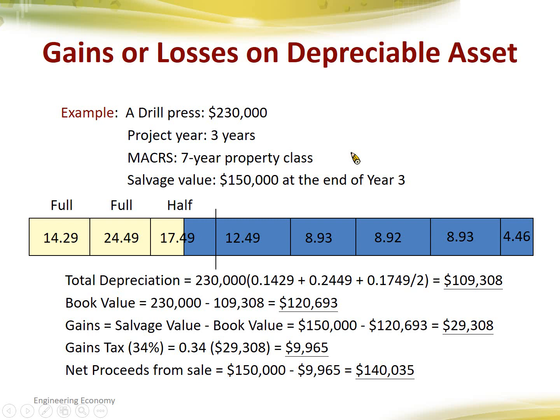We have revenue, we have expenses, and we said that depreciation allows us to reduce income tax, and then we have net income. Okay, and up until that point, it's okay.